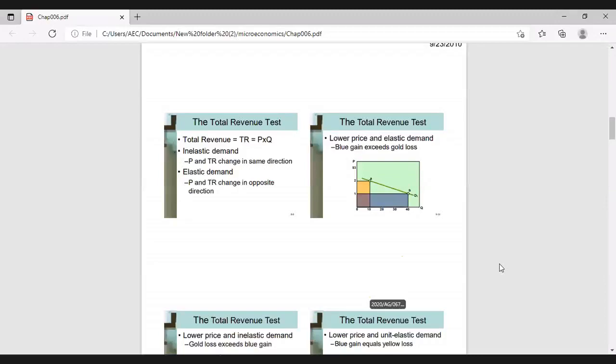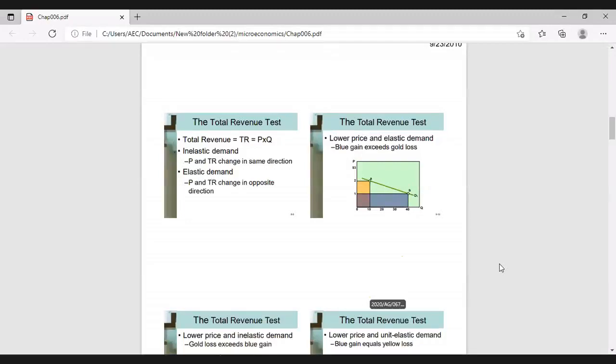So if the price increases and total revenue increases, then the demand for that commodity is inelastic. When the price increases, they don't reduce the quantity purchased much.